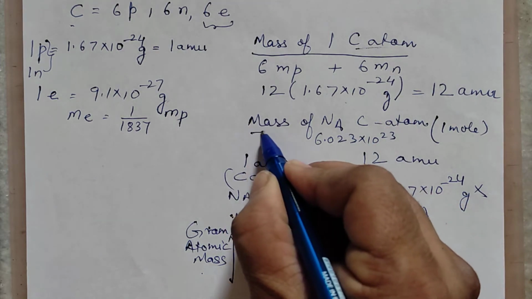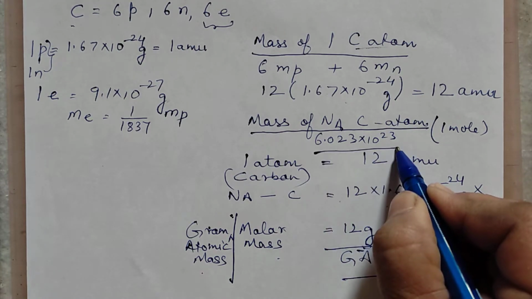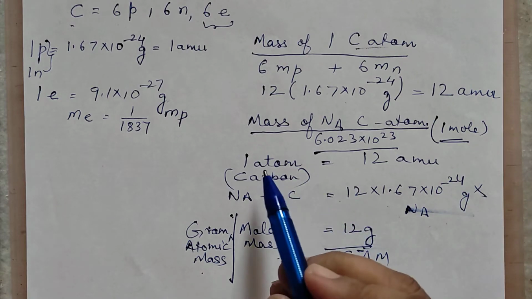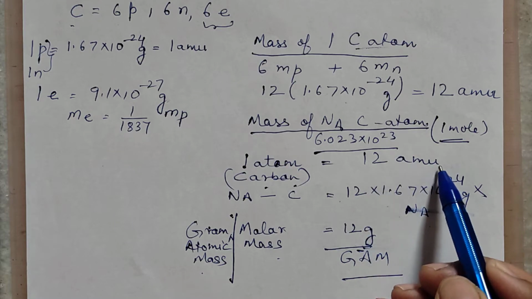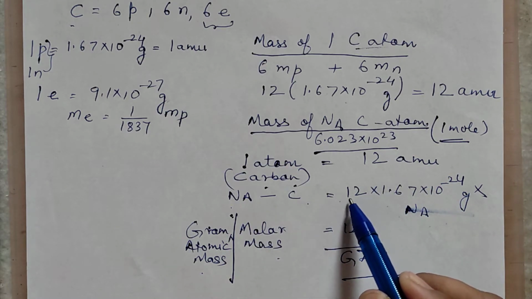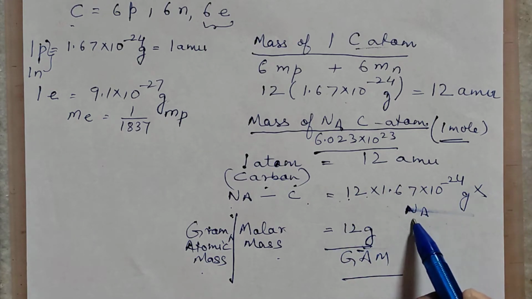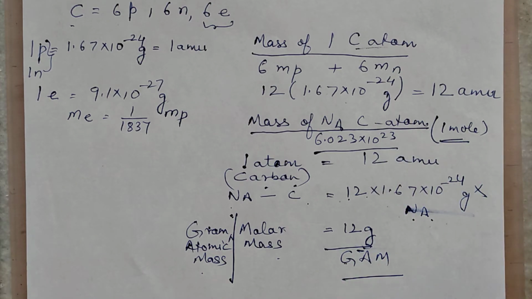So if I ask you what is the mass of Avogadro number of carbon atoms or 1 mole of carbon atoms, what will it be? Simple unitary method. One carbon atom weighs 12 AMU. Therefore, Na carbon atoms will weigh 12 into AMU, which I have written in grams, into Avogadro number, because I am calculating for Na atoms. So I will get the answer as this. Is this point clear?